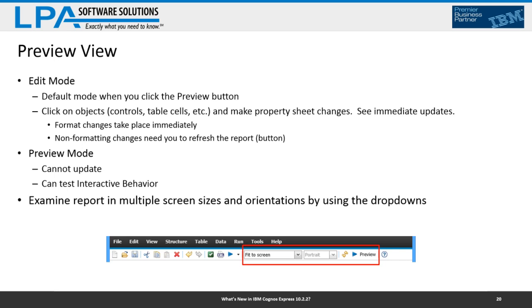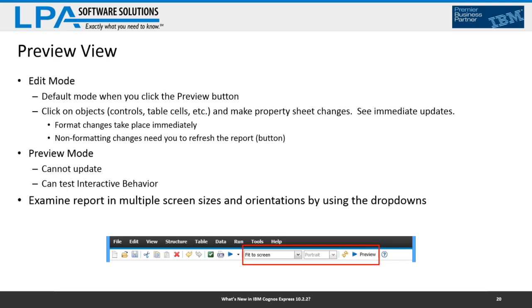When you click on objects in the active report now that has essentially run within the Report Studio work area, you'll still be able to see the property sheets on those and make changes. And as you make those changes, you'll immediately see the updates. So this is a much faster way to develop and examine the layout and look and feel of your active report.